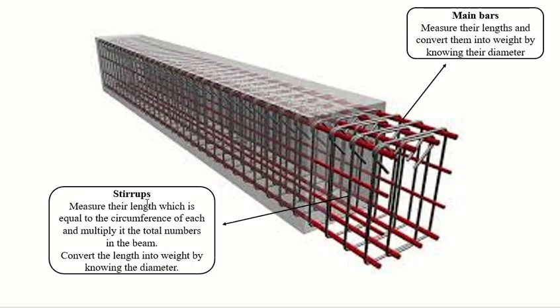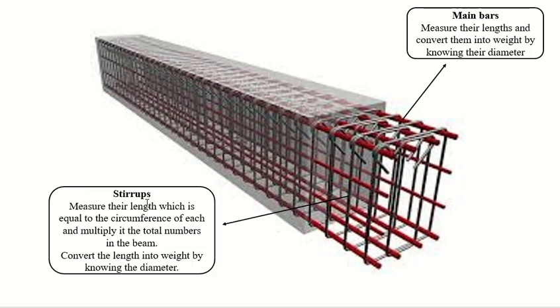The main bars are going along the length of the beam, and the stirrups are tying the main bars. They act like a ring which holds all the bars together. For the main bars we give the numbers: 2 main bars on the top, 3 main bars on the top, something like this. Then you measure the length and multiply with the number.